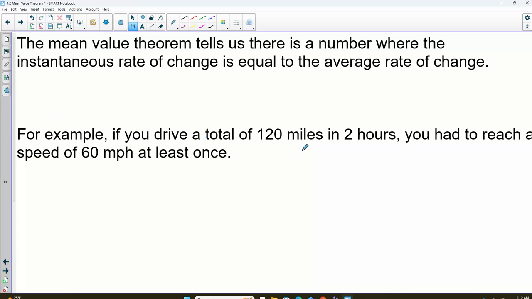Okay, if you're driving 120 miles in 2 hours, what is your average speed? 60 miles per hour. Is it possible to have an average speed of 60 miles per hour, but your speedometer never actually hits 60? No, at some point you have to hit 60. So your instantaneous speed has to equal your average one at least one point in that interval.